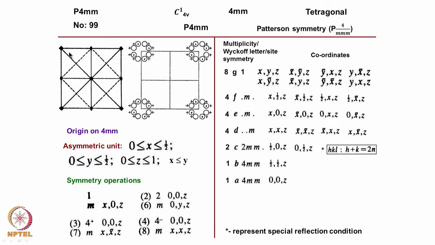Okay. At a general point, if I am putting an atom here, okay, around this point, 4mm symmetry has to be satisfied. So you take first the fourfold axis. That means that one is kept here, another has to be kept at 90 degrees around it, another here, it should come, correct?